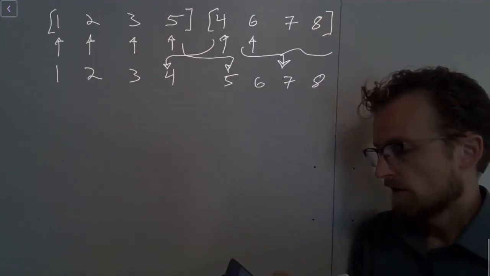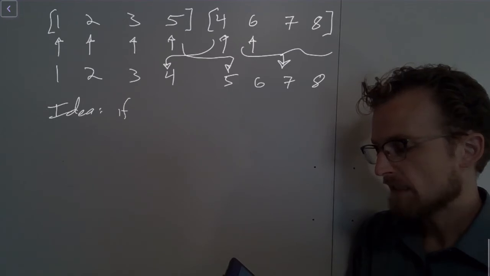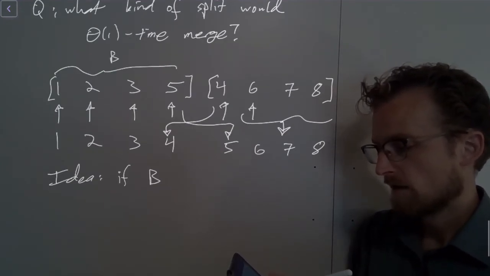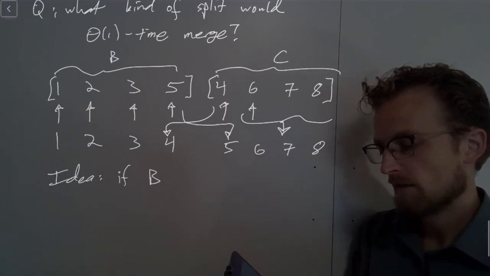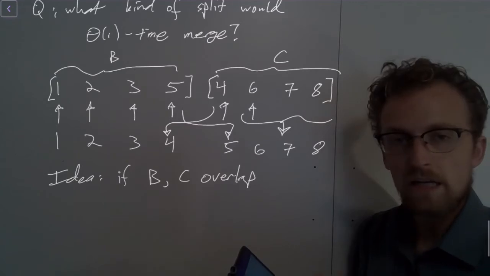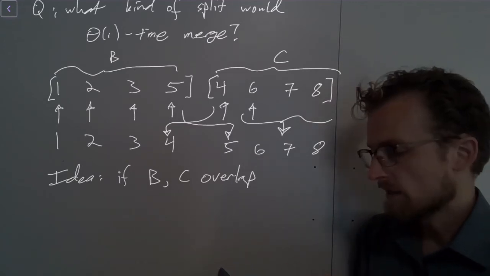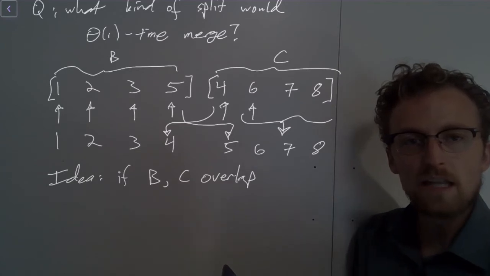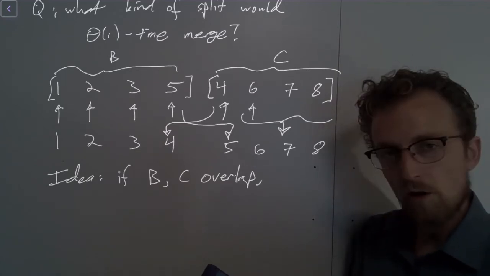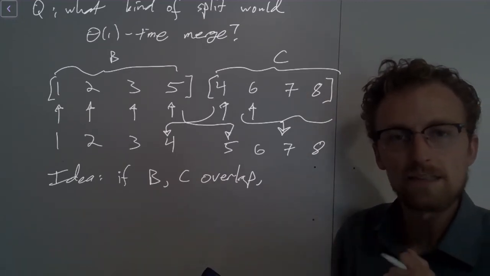Right? So the idea here is essentially if B and C, so I'll call this array B, and I'll call this array C. If B and C overlap, right, in the sense that the smallest element of C is less than the largest element of B, if they overlap, then we have to check at least every element of at least one of them.